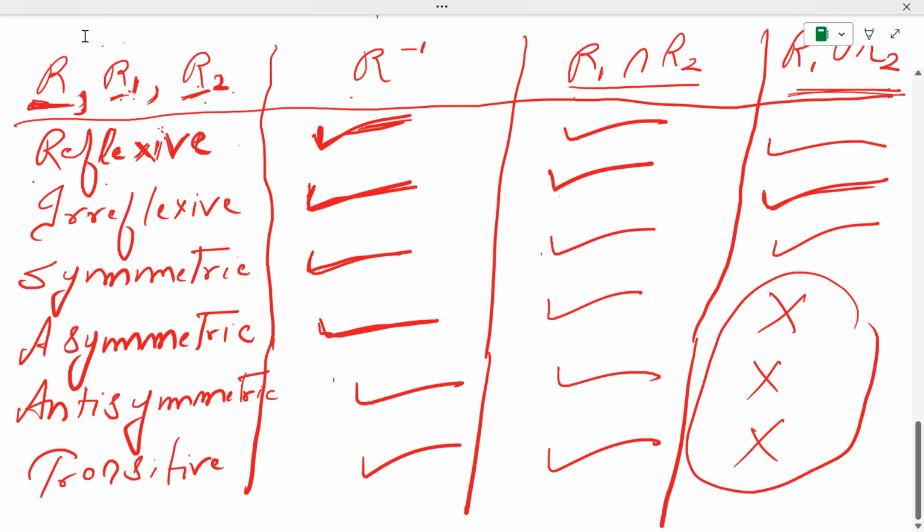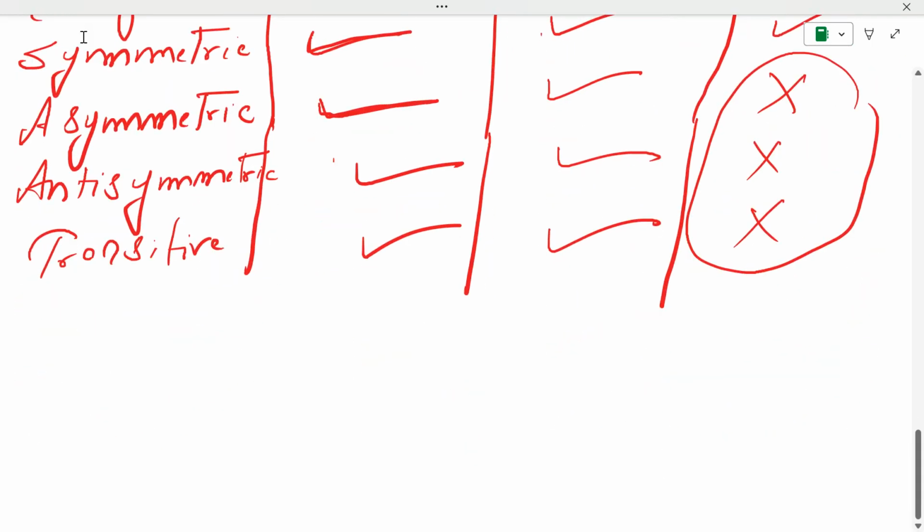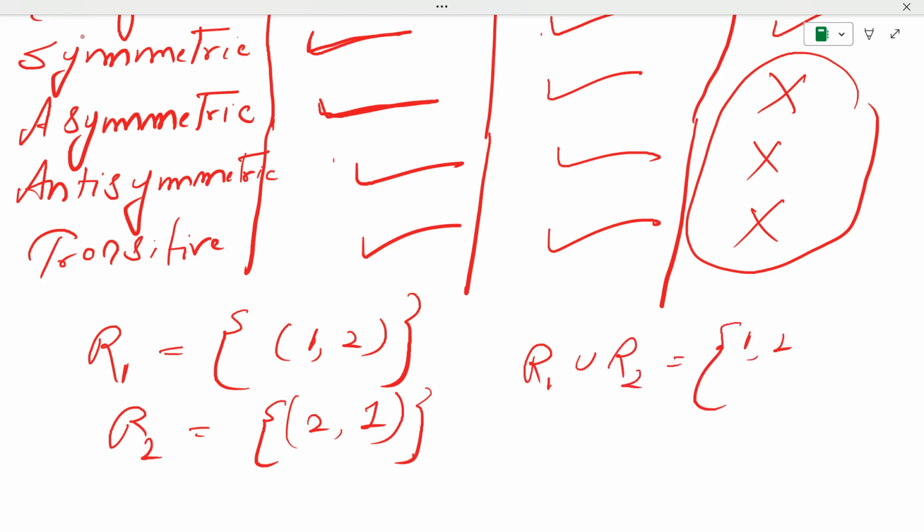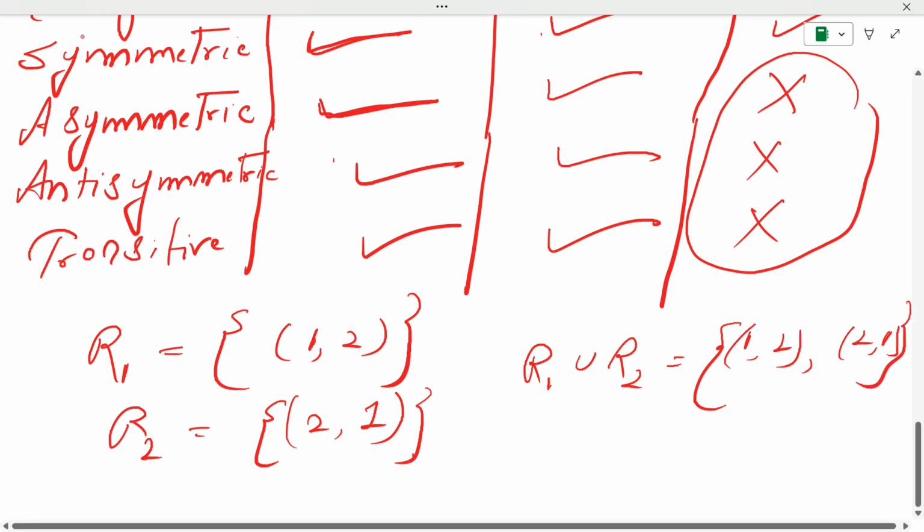We can show this with an example. Let's say R1 is a relation on A, and R1 consists of (1, 2), and R2 consists of (2, 1). If we take their union, R1 union R2 will be (1, 2) and (2, 1). So this is symmetric.